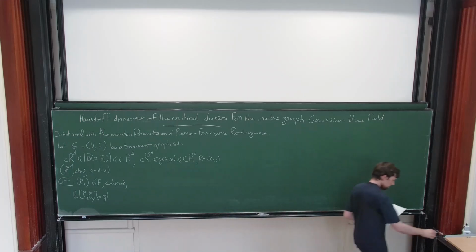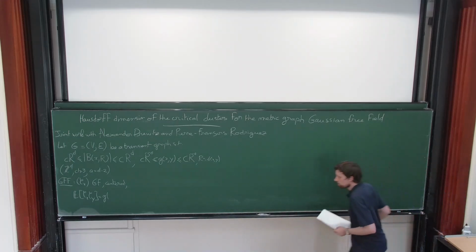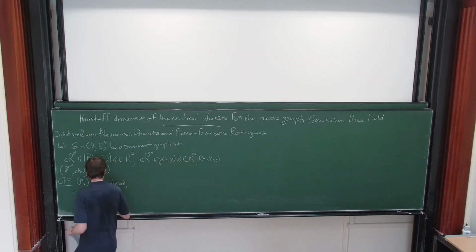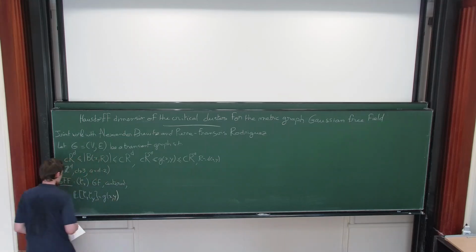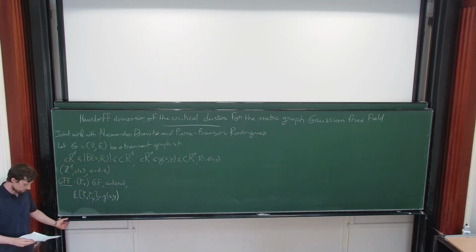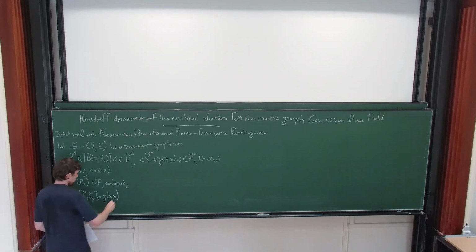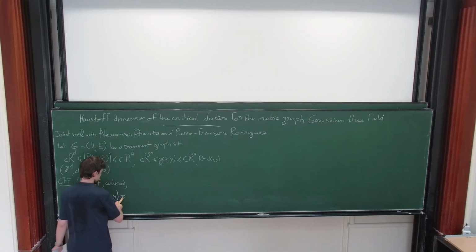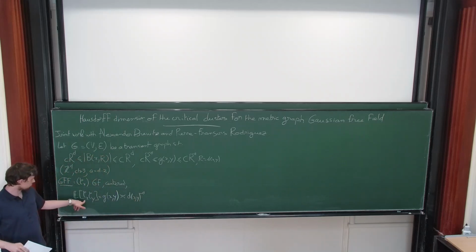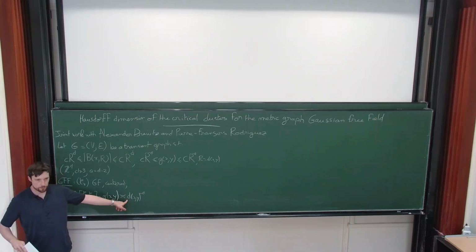So this is the usual discrete GFF on my graph. In particular, under my assumption, this decays as the distance to the power minus a. So this is a strongly correlated model because its correlations are polynomial under my assumption.